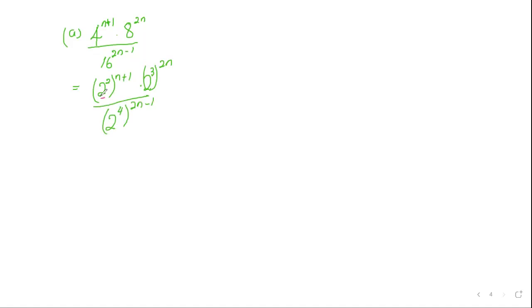Now this one here stands for the 4. This one here is for an 8. And this one here is for the 16 there. I have written 4 and 8 and 16 all in terms of base 2.